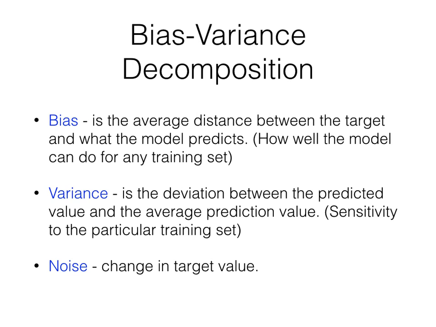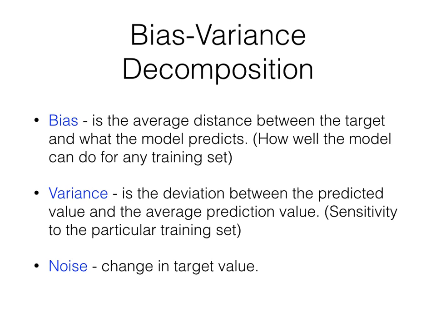Bias is all about the average distance between the target and what the model predicts. So it's talking about how well the model can do for any training set we were likely to choose. Intrinsically, how good is the model at solving the problem? We're going to go into this in a lot more detail in a minute. Next one is variance. Variance is the deviation between the predicted value and the average predicted value.